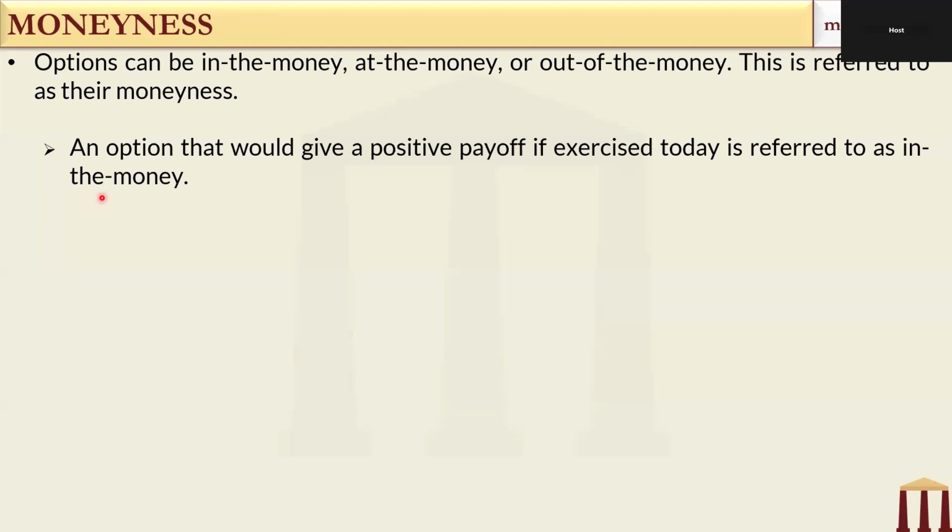For a call option, the underlying asset price should be greater than the strike price, whereas for put options, the underlying asset price should be less than the strike price.